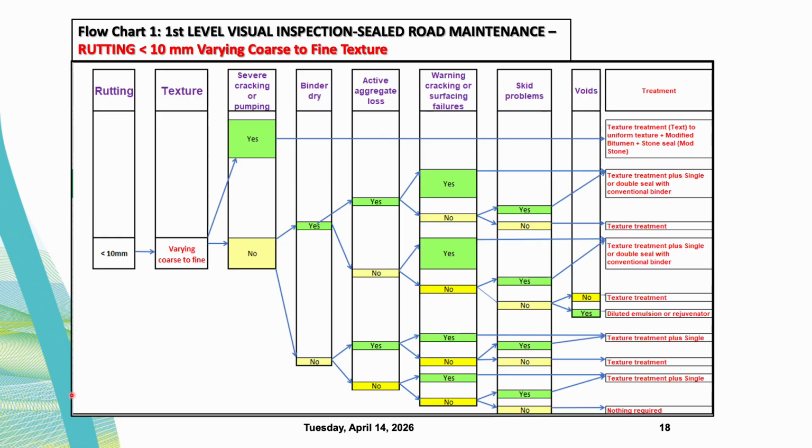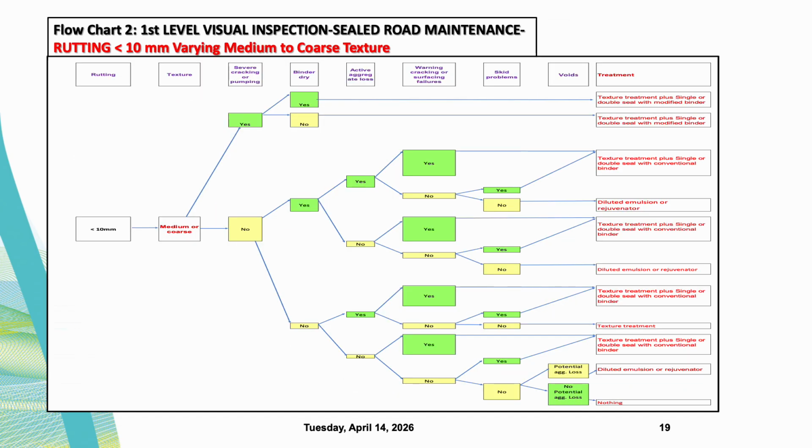The next, chart 2, is where the rutting is still less than 10. The font is a little bit small, but here you've got medium to coarse. Rut is less than 10 millimeter, medium to coarse.